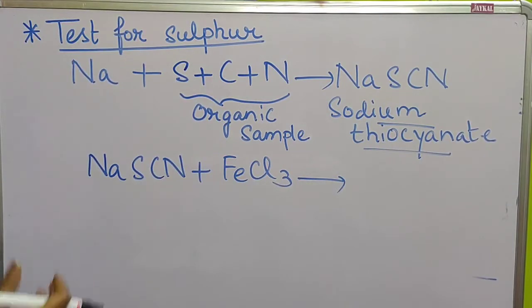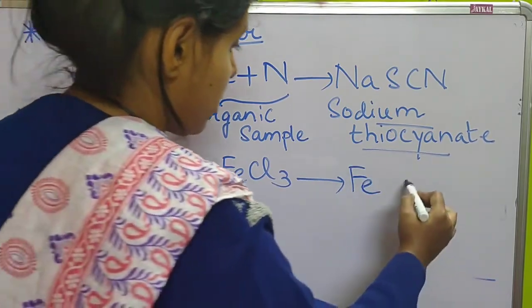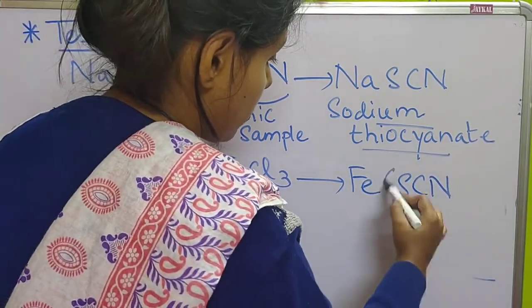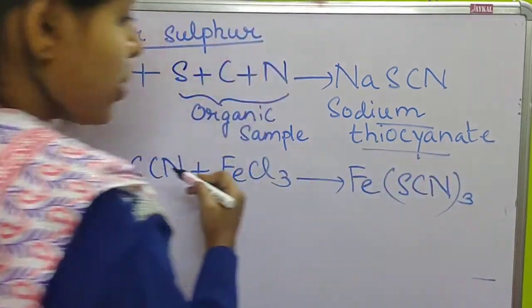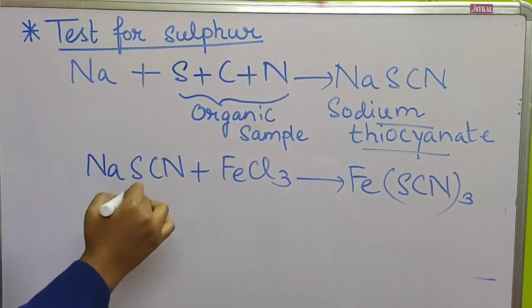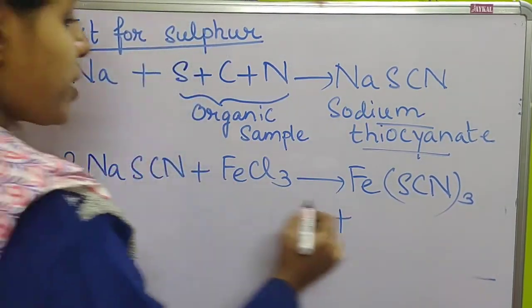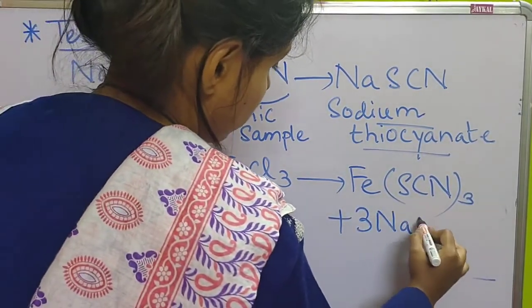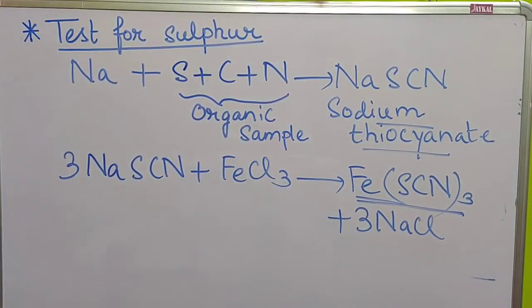That is for ferric thiocyanate, Fe(SCN)3, because iron has valency 3 here. So ferric thiocyanate plus 3 NaCl. This compound ferric thiocyanate has a blood red color.